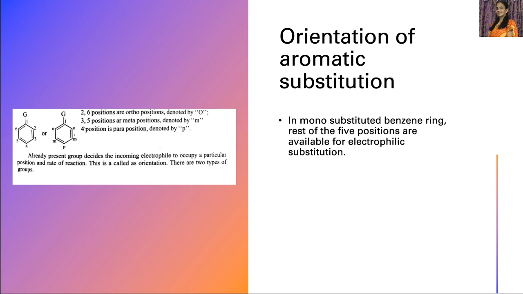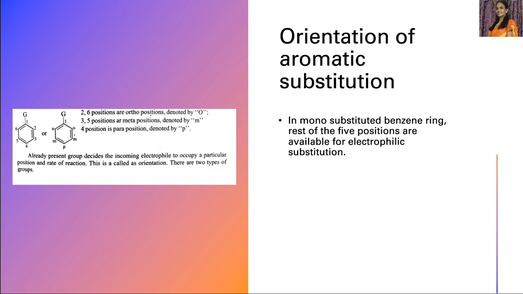Therefore, 2 and 6 positions are ortho positions. This is 3 and this is 5. These are meta positions. The 3 and 5 positions are meta positions, denoted by small m.